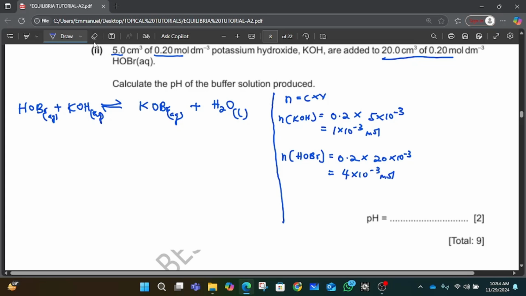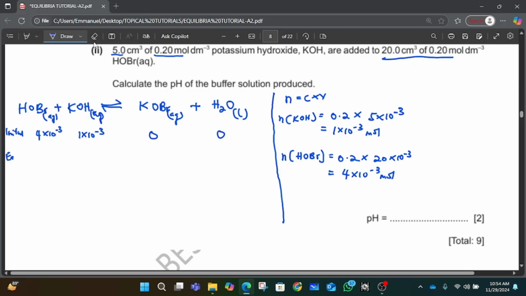And so over here, at the start of this reaction, so initial, the amount of the acid is 4 times 10 power minus 3 mole, and that of the base is 1 times 10 power minus 3 mole. So at the start, these were not formed, so 0, 0.